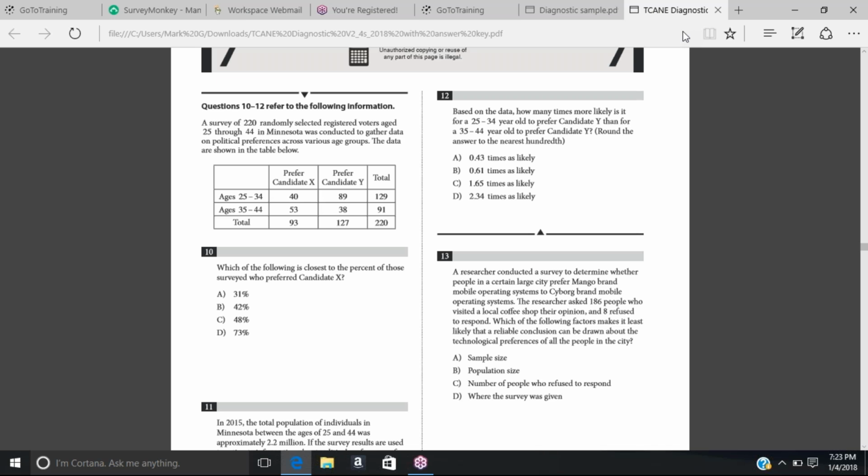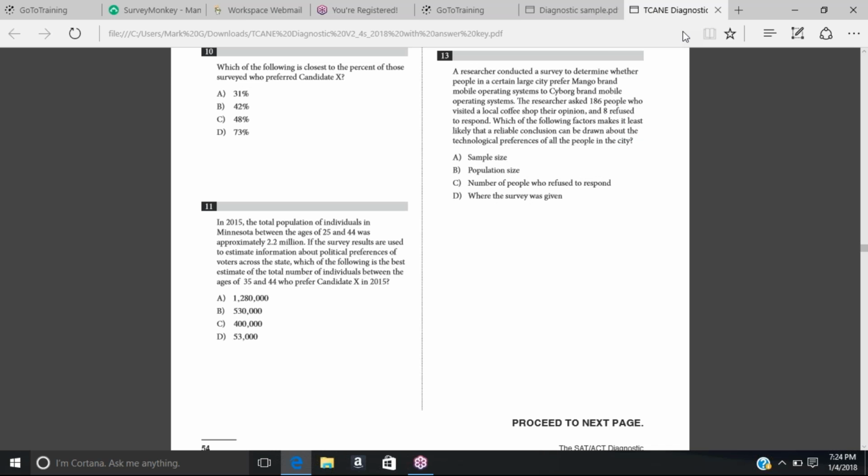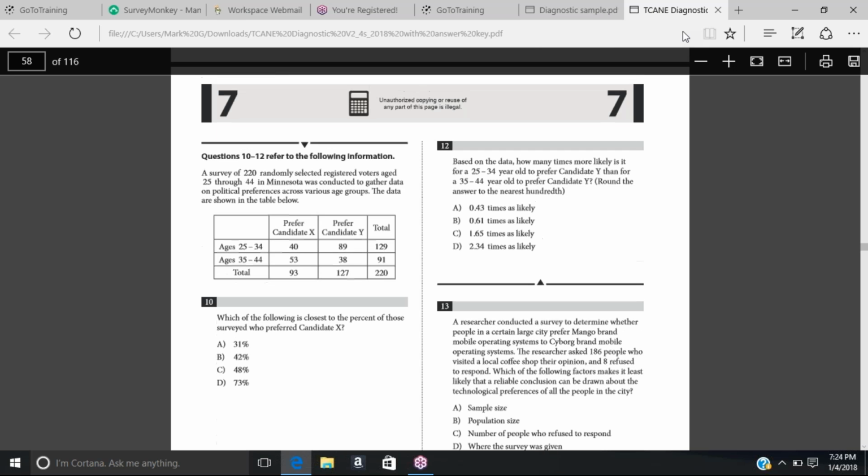I'm going to skip number 11, but I'm going to note something. If you want to go back to number 11, whether it was intentional or not, they gave you an extraordinary combination to make things easy. Circle the number in number 11, 2.2 million. Third line. Circle at the top, let me go back to the graph, bottom right box, 220.